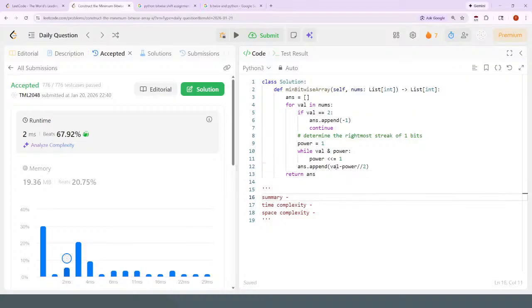Okay, summary. Identical problem to yesterday. This challenge had slightly different parameters, but the same concept and solution.